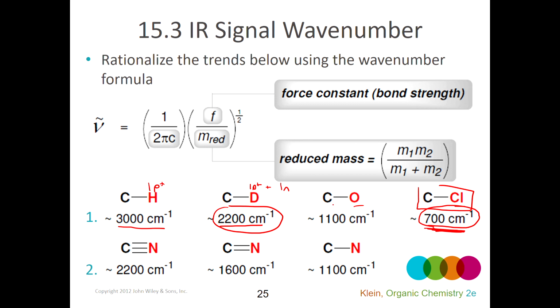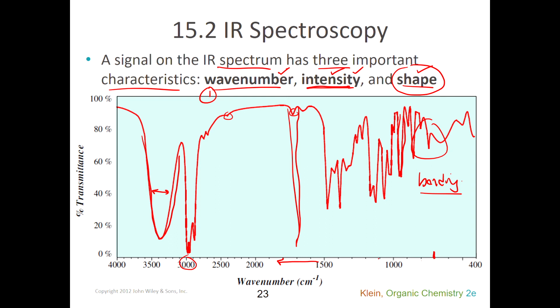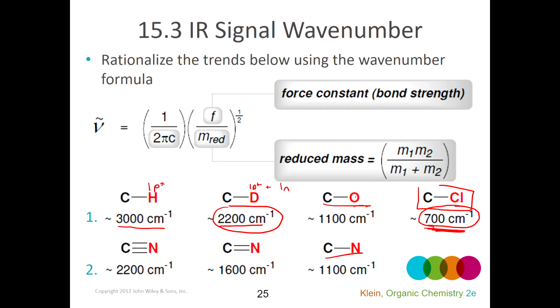And the same thing here, 1100. If I have a carbon-oxygen or carbon-nitrogen single bond, in the 1100 area, which is right around in here, there's always some peaks there from bending frequencies. So I can't really tell whether my molecule is a C-O or a C-N single bond from IR.